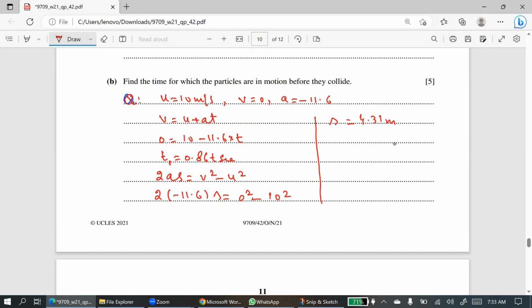Now we will find out the distance covered by P in the time 0.86 seconds.